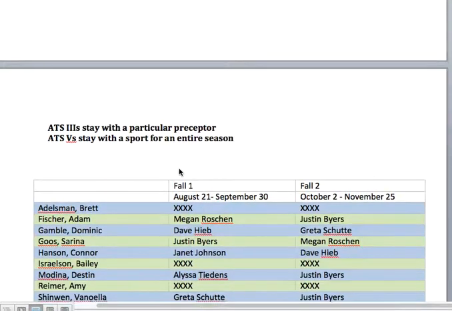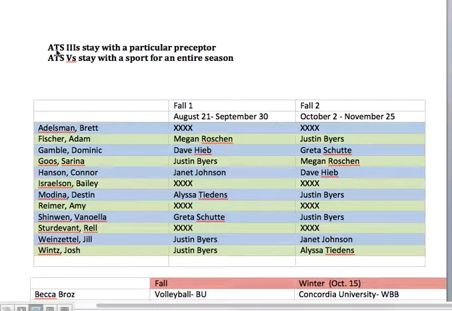Moving through your packet, just a reminder that ATS 3s, that's typically the junior levels, you'll be staying with your preceptors. So if we look on here, let's go down to Destin. Destin is with Alyssa until September 30th. Then he'll go over and start working with Justin October 2nd.